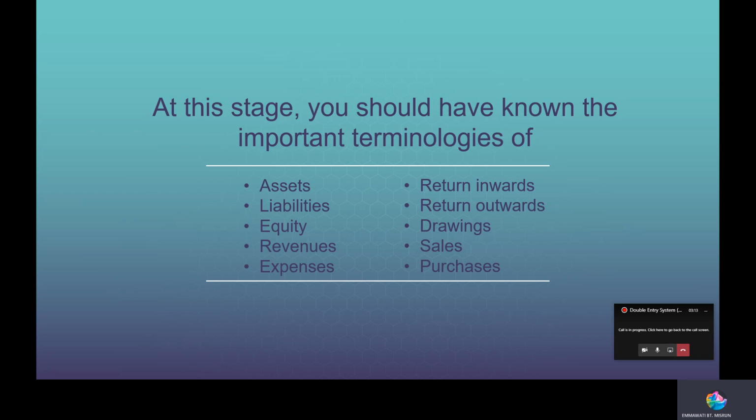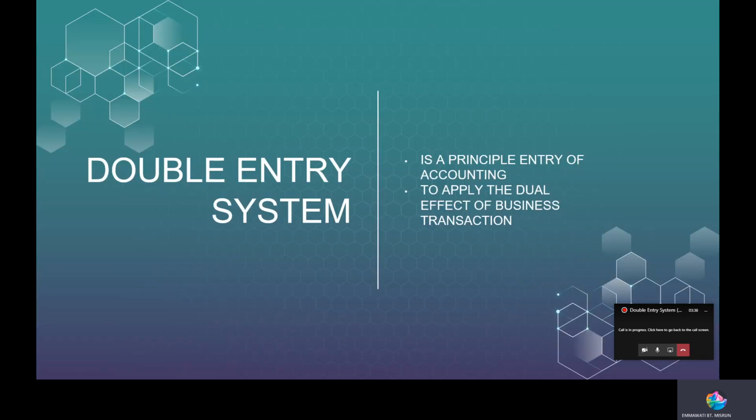If you still find it confusing, we have our book with detailed explanations, so it is better if you do more reading on these areas. Whatever it is, I choose to proceed with the most important area of this chapter, which is the double entry system.